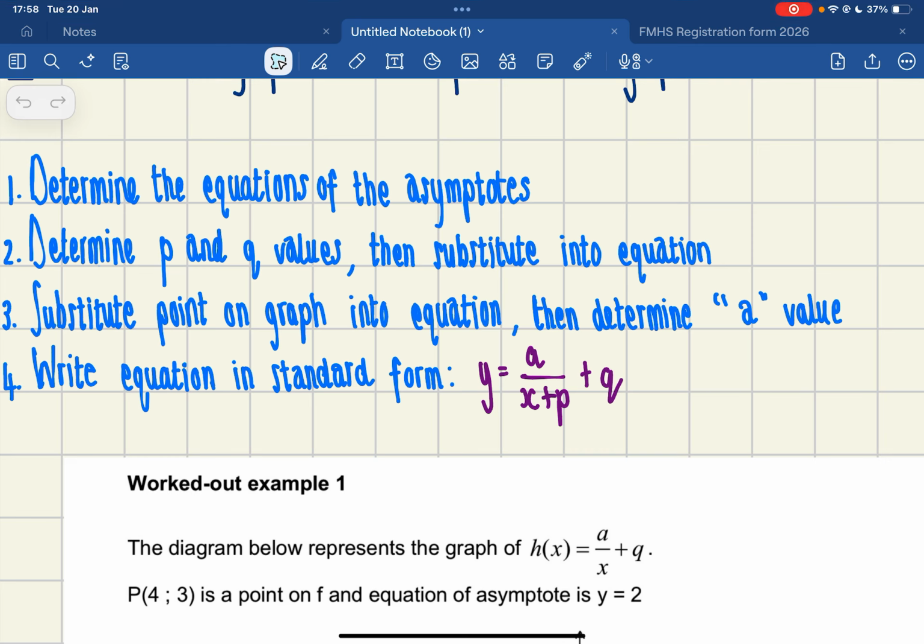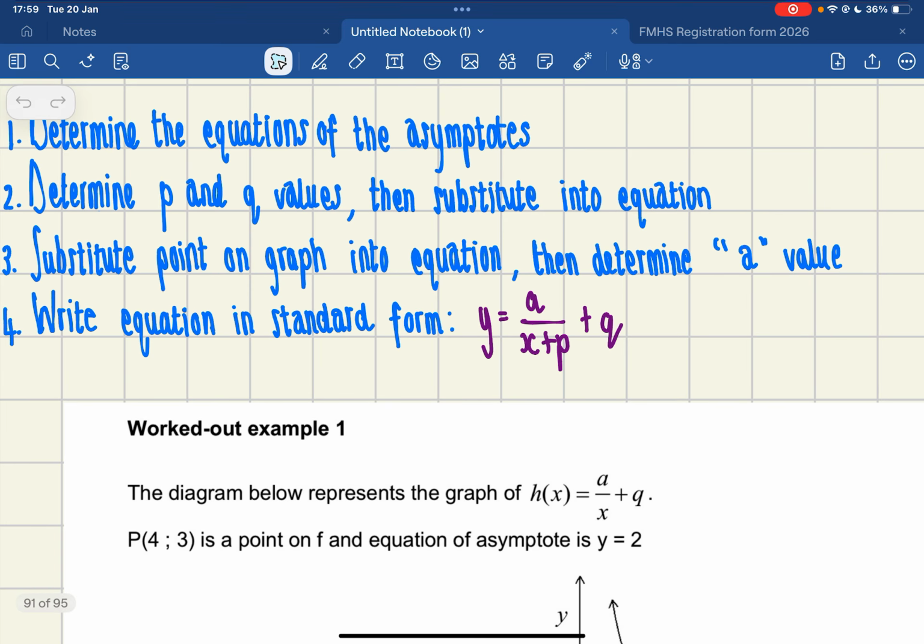So if our point of intersection is (-5, 4), then the p value that we substitute into the formula is 5. And if our point of intersection, for example, is (5, 4), then the p value that is substituted into the equation is negative 5, because p changes sign. Just remember that, boys and girls.